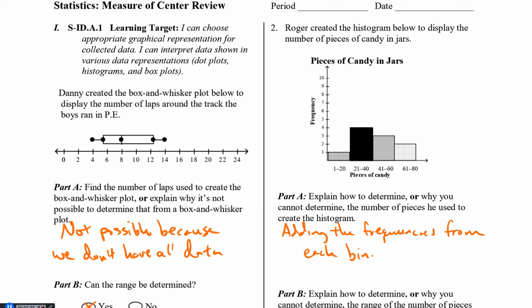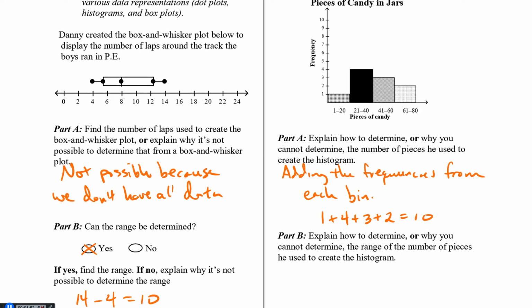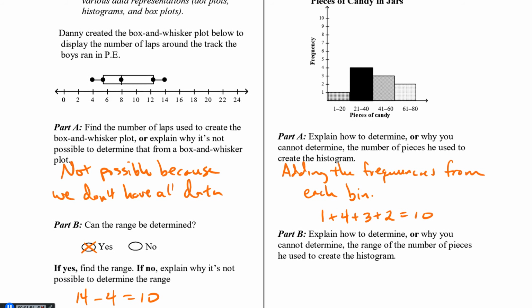It doesn't ask us to do this, but we can look at it and say there's 1 plus 4 plus 3 plus 2, which gives us a total of 10 number of pieces of candy used to create the histogram. It has 10 pieces of candy, or 10 jars with pieces of candy.